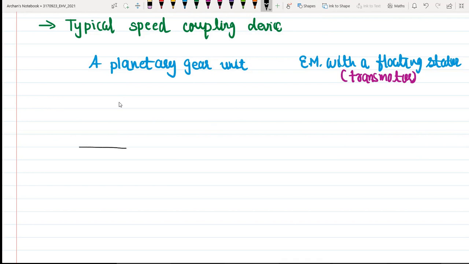We will have a unit of gears like this. You can see this is my first part, and these are also connected internally like this.